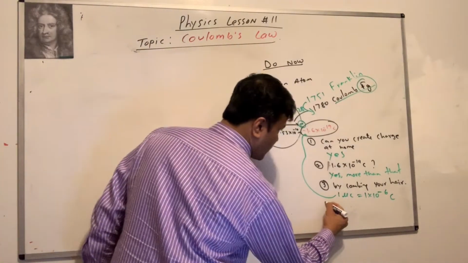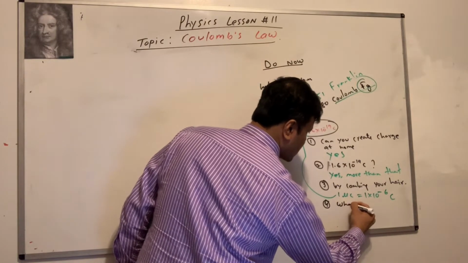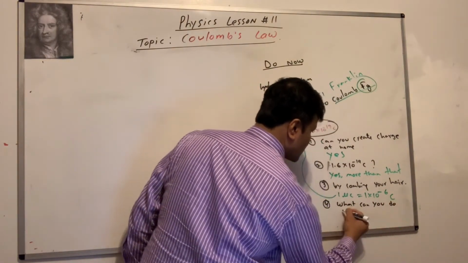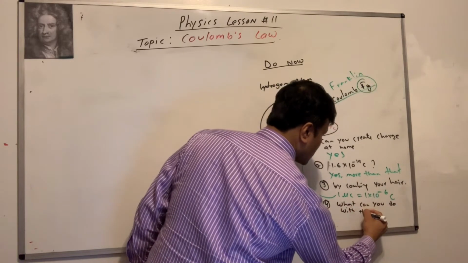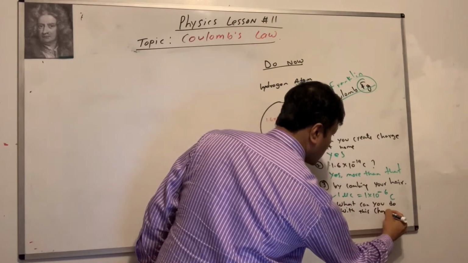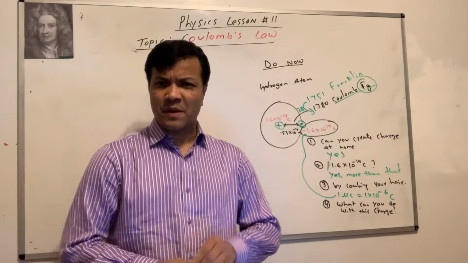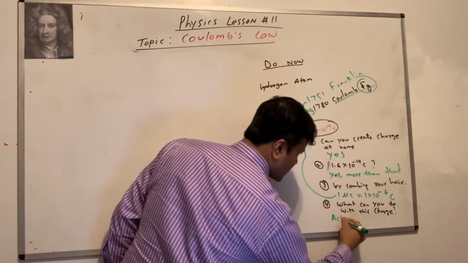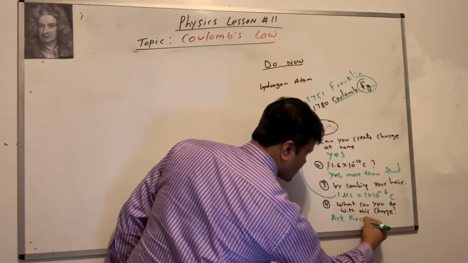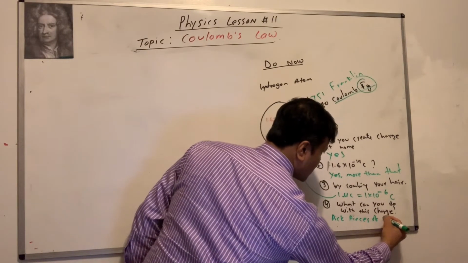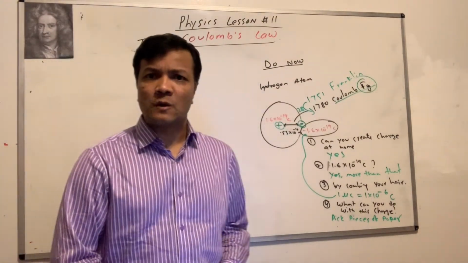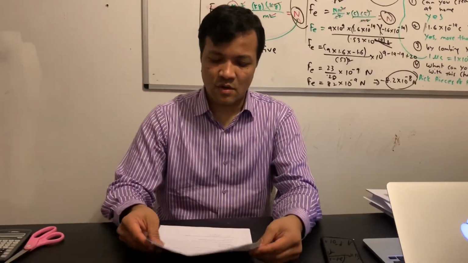Number four: what can you do with these charges? You can pick up pieces of paper easily by using the comb with those charges. So I'm going to create charges at home.